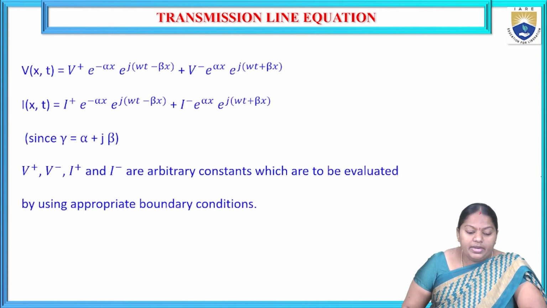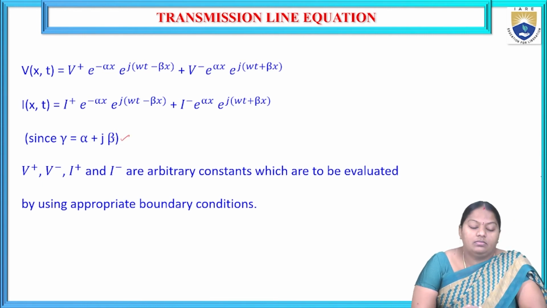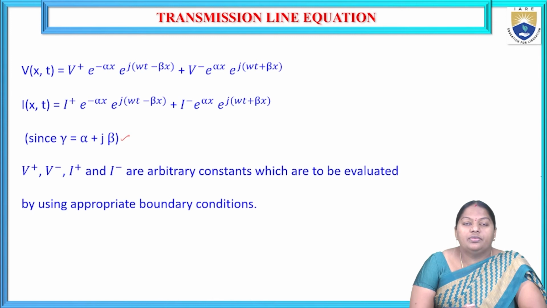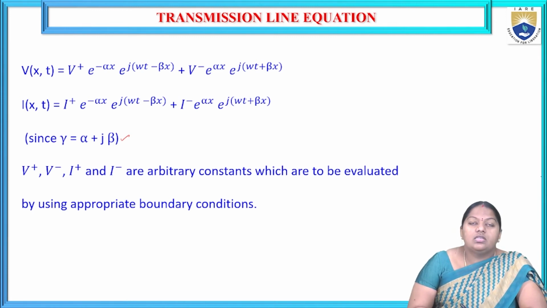Now, if you look in detail, substitute gamma by α + jβ, right? As we know, the propagation constant gamma constitutes the attenuation constant alpha and the phase constant beta. Then V not only varies with x, y and z, but also with the independent variable time t.